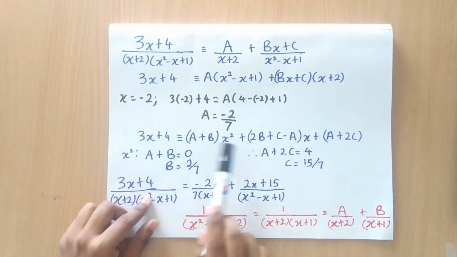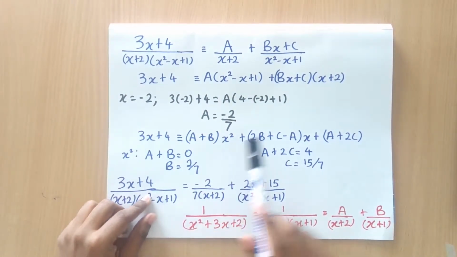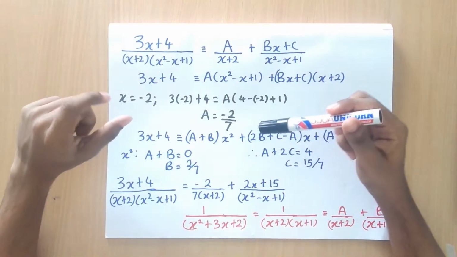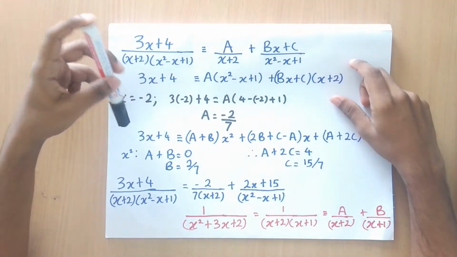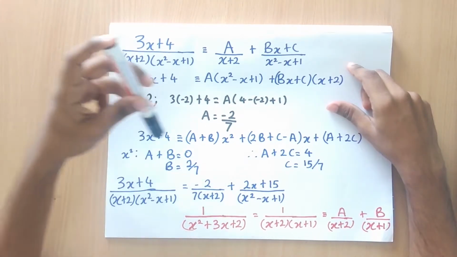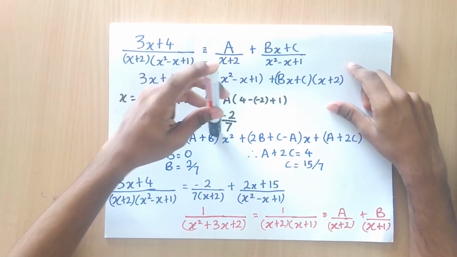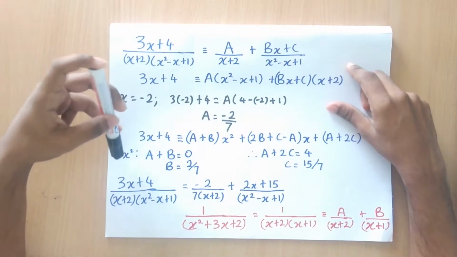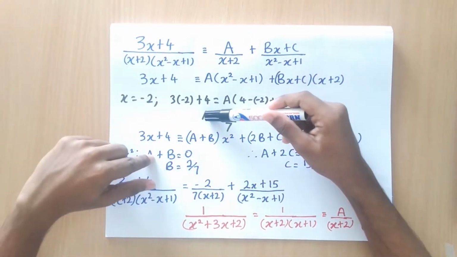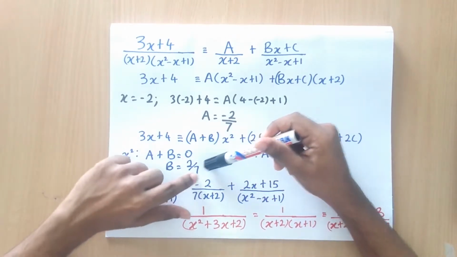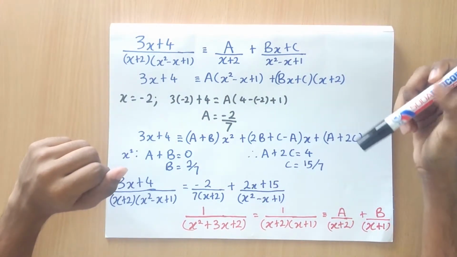Now let's compare these two sides. If we look at the coefficients, we can see that there is no x squared on the left hand side. So we can say that a plus b equals 0 by looking at the coefficients of x squared. Since we know a, we can find that b equals 2 upon 7.